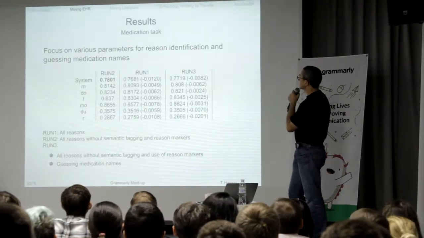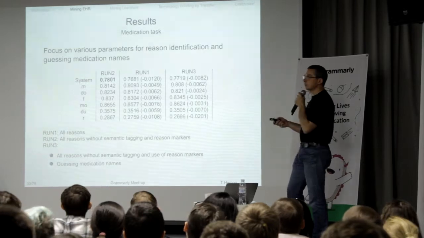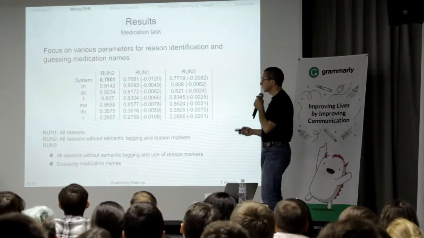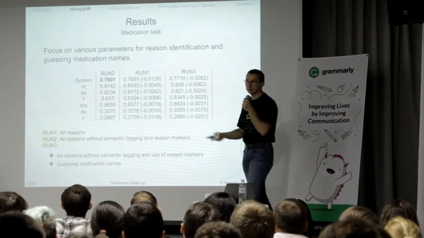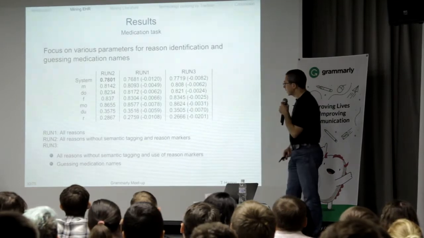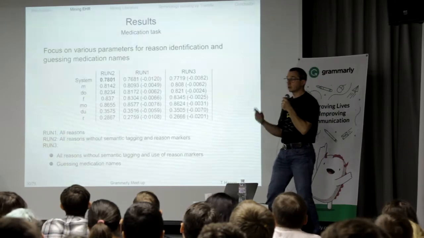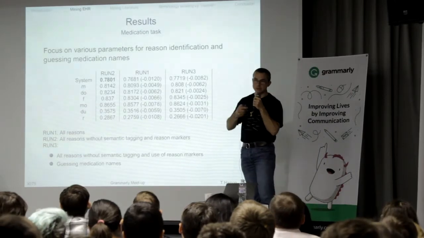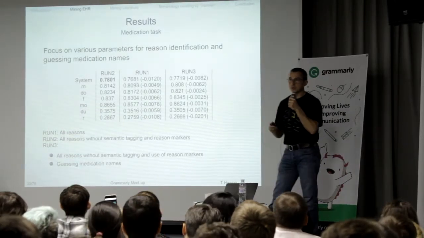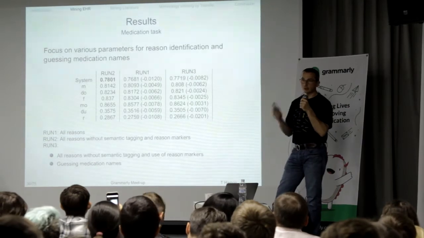So now the results. We had to define 3 runs. The main problem we identified in our system was the identification of the reasons.